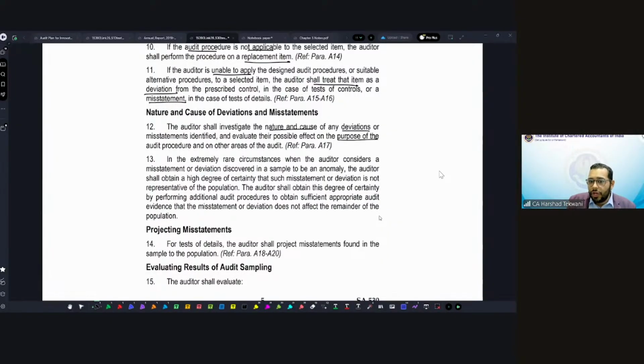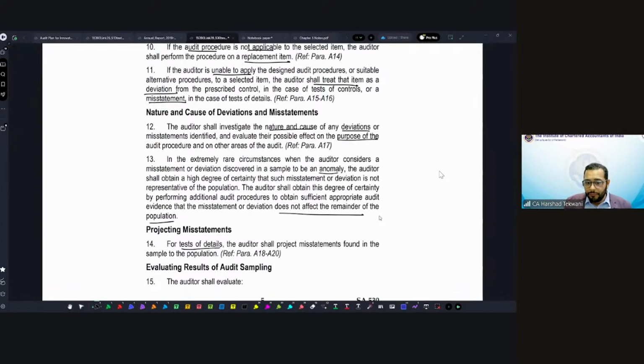If it is an anomaly, you need to make sure that it is an anomaly and it does not affect the remainder of the population, so that you can do the projection appropriately. Otherwise, you will not be able to do the projection appropriately.